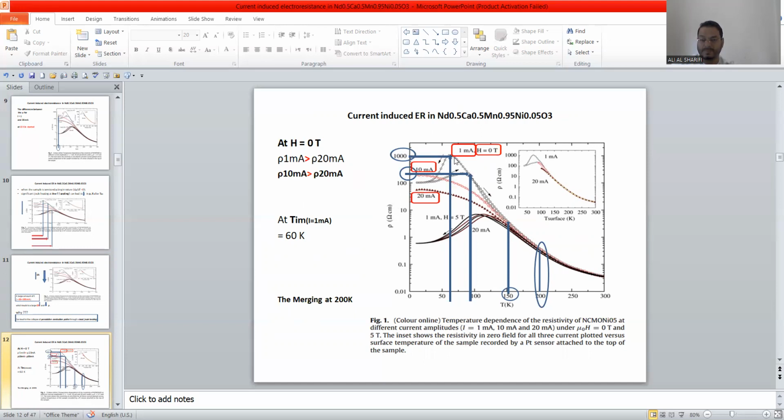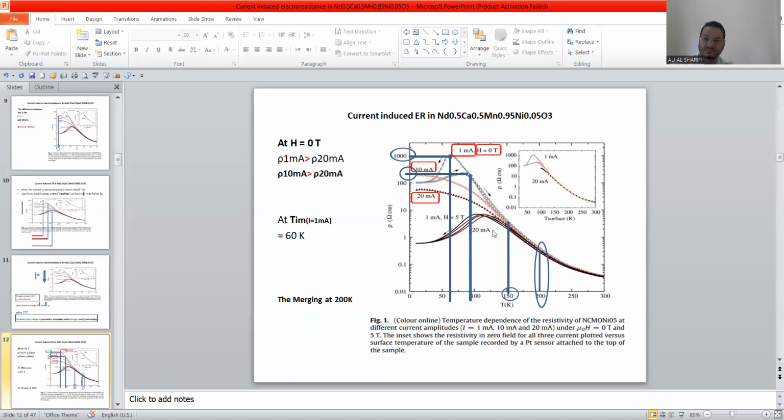At 1 milliampere, the insulating metallic transition is approximately 60 Kelvin, and this is when cooling or heating. For one of them, cooling or heating, the temperature is approximately 60 Kelvin, and from this point it's less than 100 Kelvin. At the same time, the resistivity is decreasing.